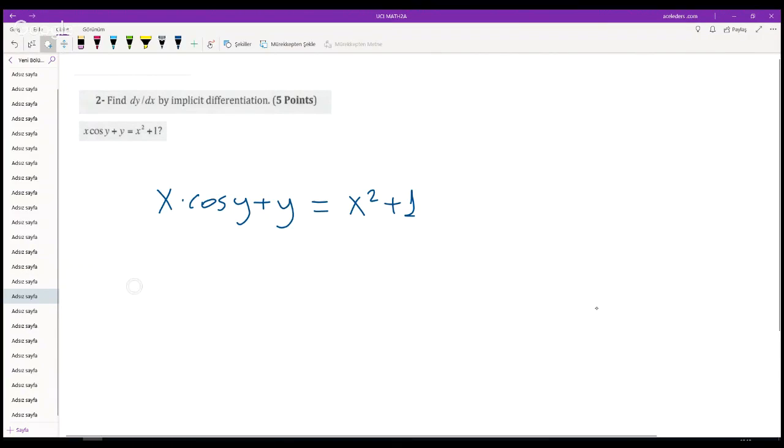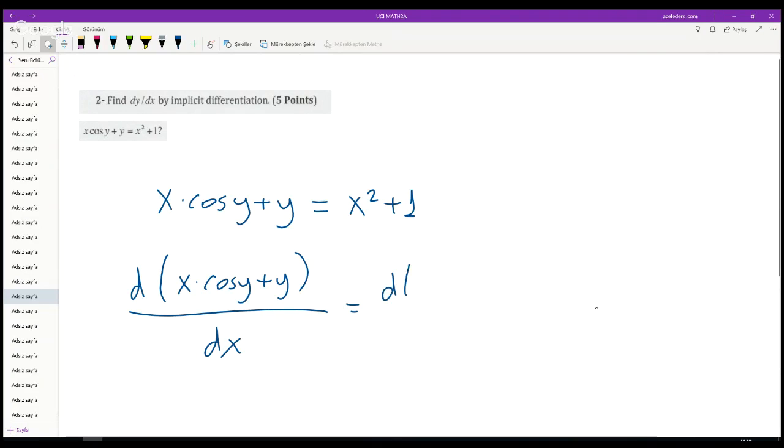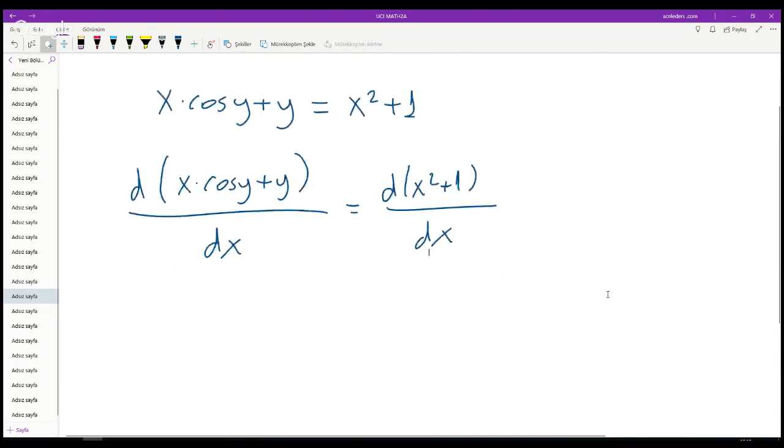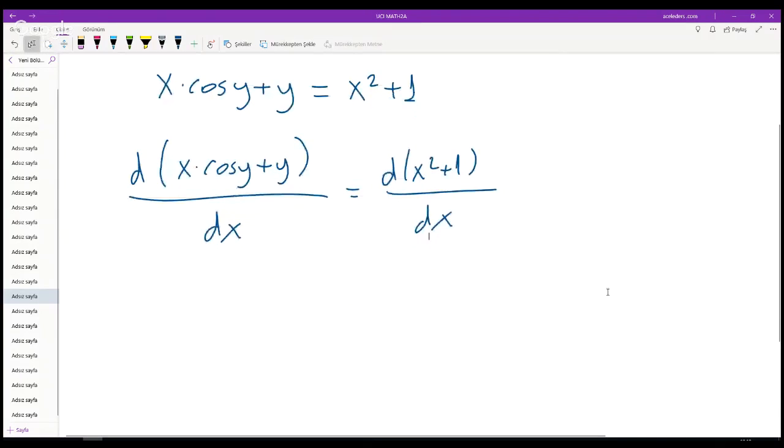So, to find dy over dx, we take the derivative of both sides with respect to x, right? First, the derivative of x times cosine y plus y with respect to x. This part is a product of two terms. Therefore, I will apply the product rule.